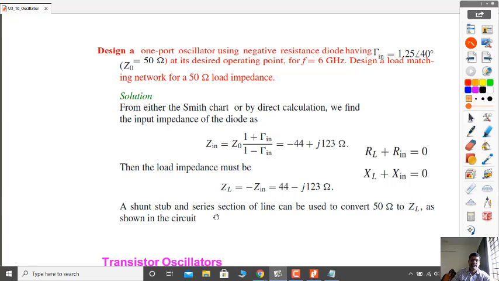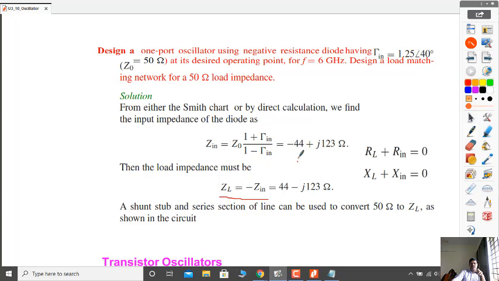Next, we have to find the load impedance. Here the load impedance ZL should be minus Zin, the negative of this. If you read from the Smith chart, you won't get negative 44, you will get plus. For the real part, you have to make it negative, because we did a transformation here.